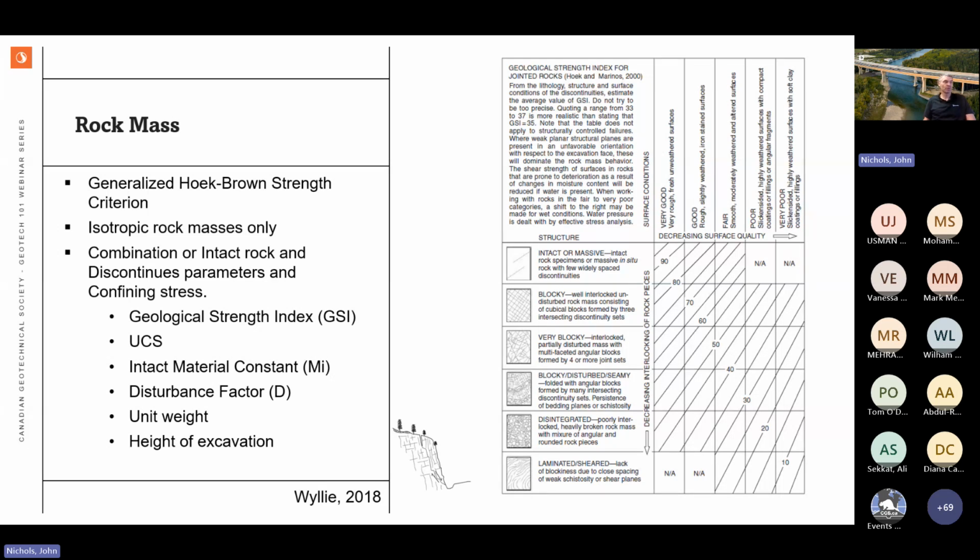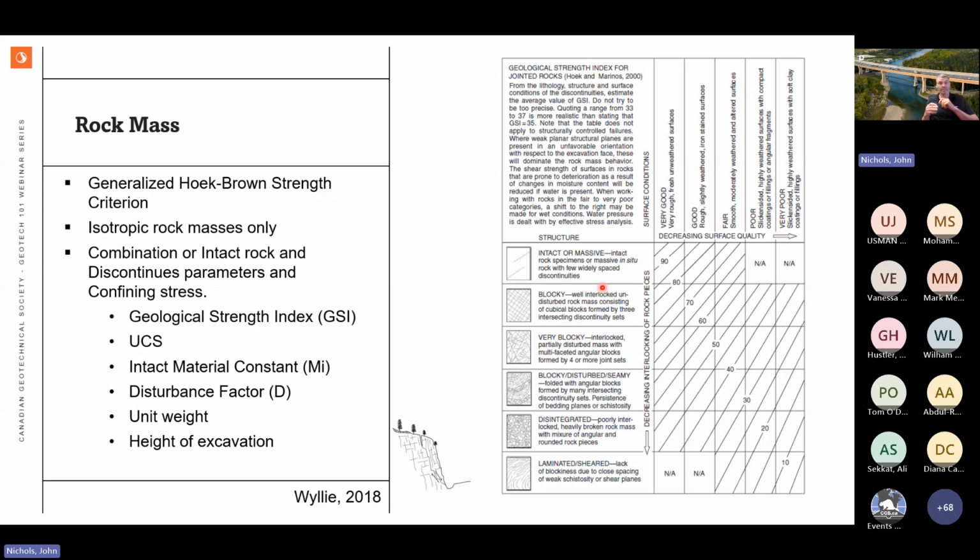Using this chart on the right, you can see we look at the discontinuity spacing, whether it's the structure, more appropriately the blockiness of it, compared to the surface condition of those joints. And using that experience, we can come up with a GSI number.